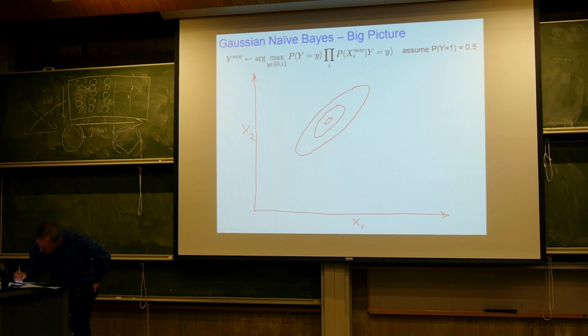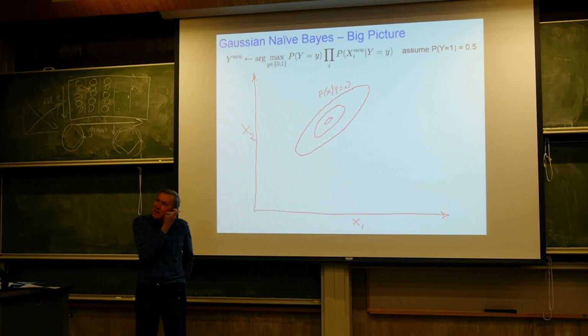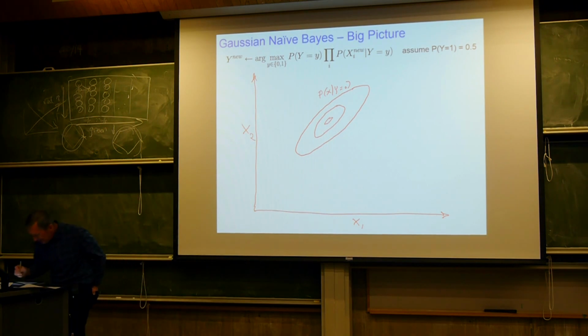So this will be p of x given y equals 0. And suppose here's the true distribution for p of x given y equals 1.